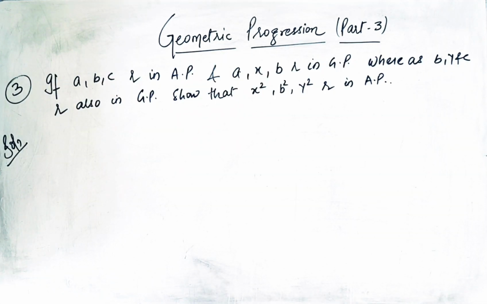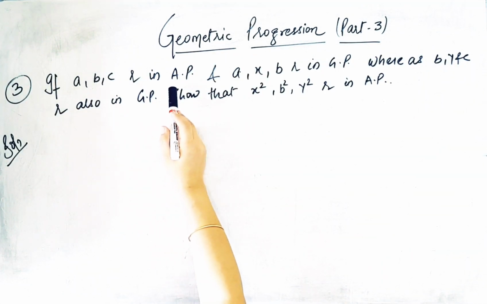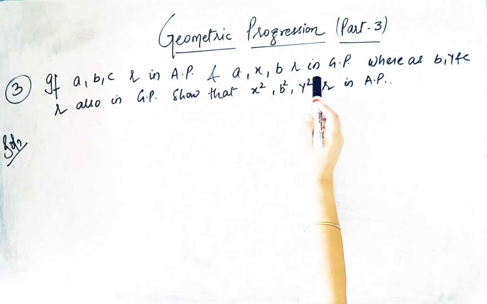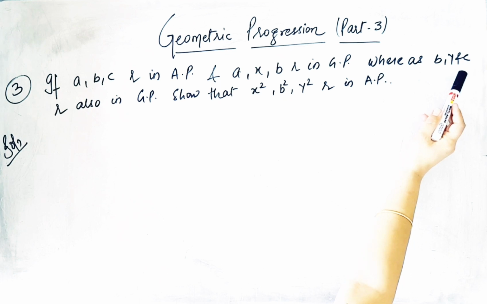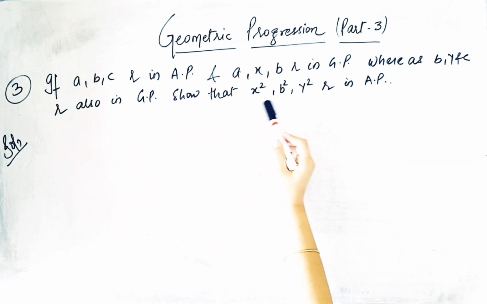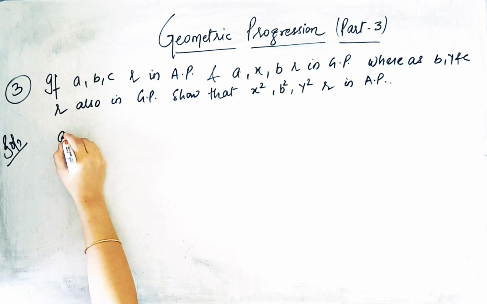Now the question is, if A, B, C are in AP, and A, X, B are in GP, whereas B, Y and C are also in GP, we have to show X square, B square, Y square are in AP. Now see what three conditions are given to us.